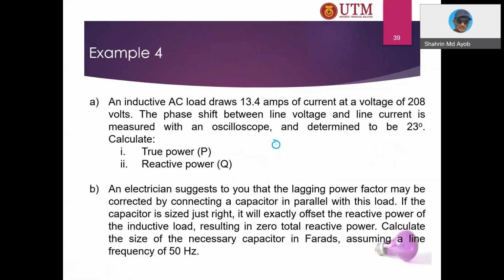For P, we can use VI, or VI cos theta, or V magnitude squared over R, or I magnitude squared times R. The same goes for Q. You can use Q equals VI sine of theta V minus theta I, or Q equals V squared over XC, or Q equals I squared XC.